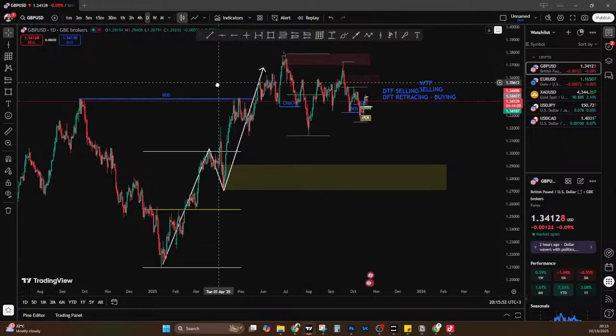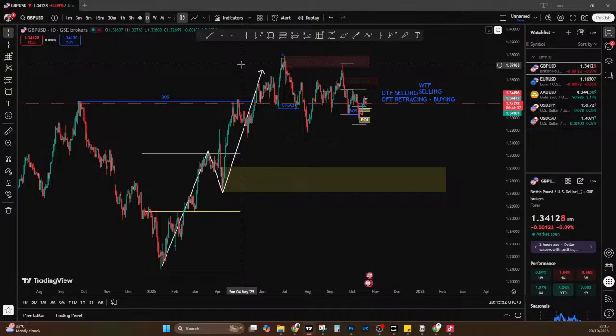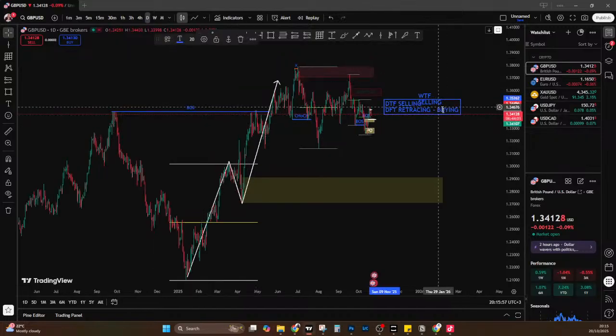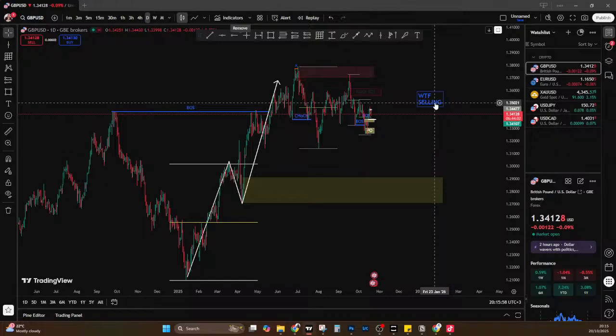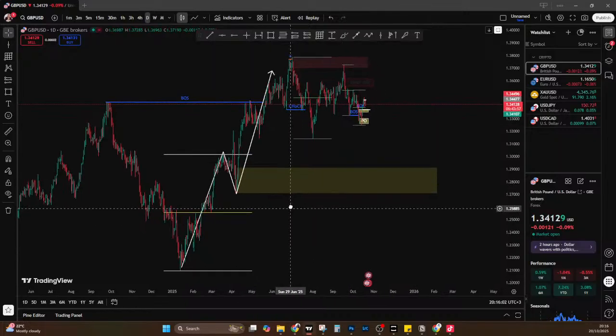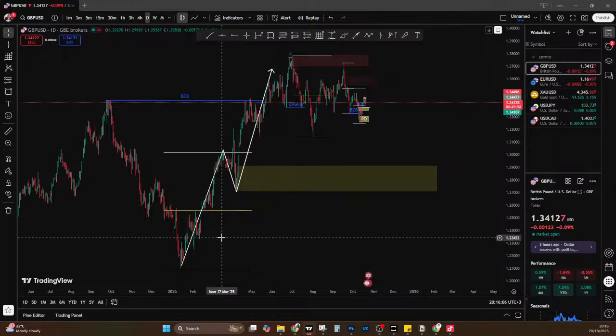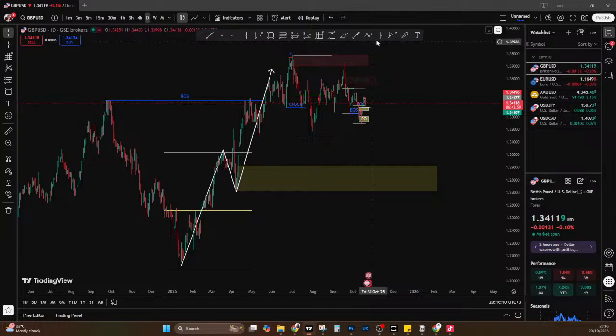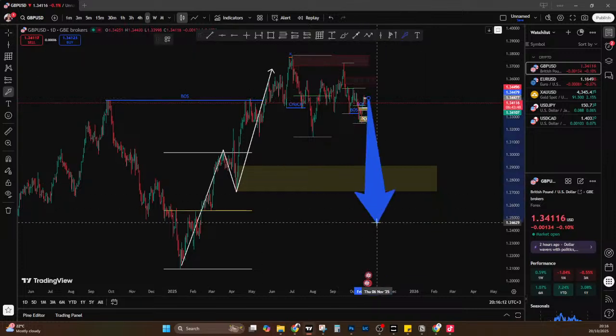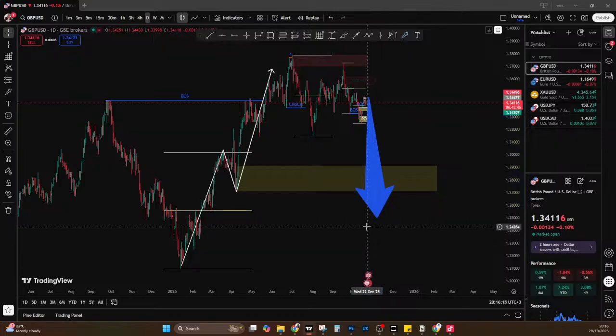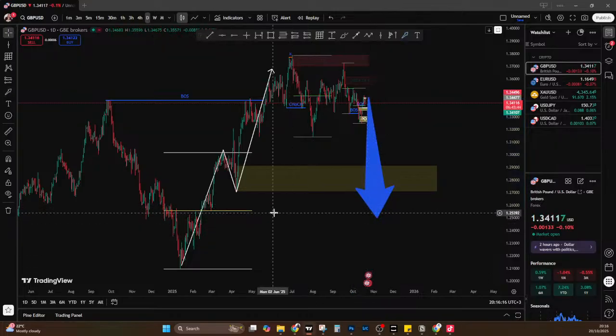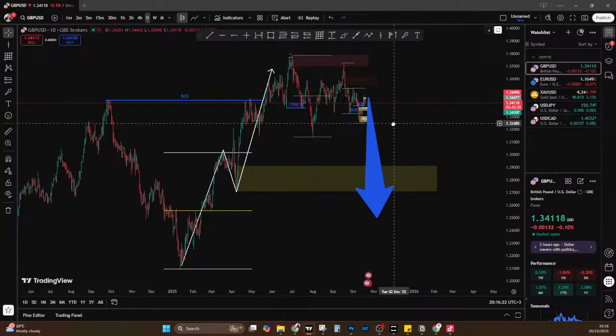So what we expect right now, and why we are selling the market, is because the market has not yet taken an order from the discounted price. So this market must continue to come down until it gets to either the equilibrium or where we have the discounted price, so that it will start to rally up again.